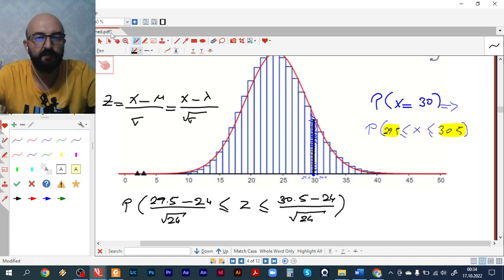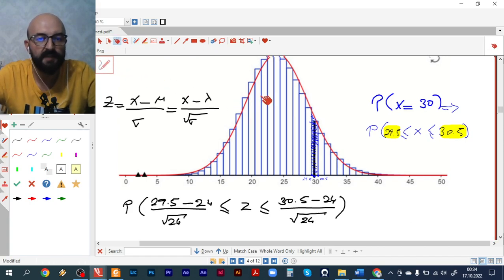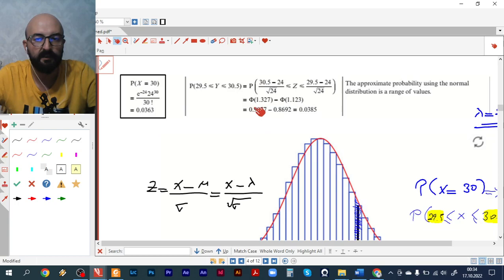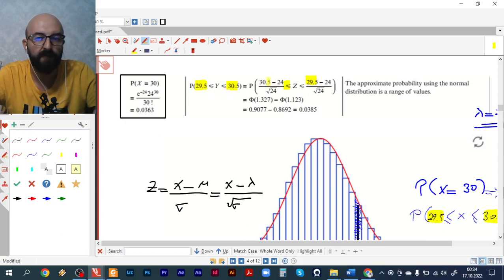And when we return to this table, we can see the same process, but this has a mistake, because it should be 30.5 and it should be 29.5.